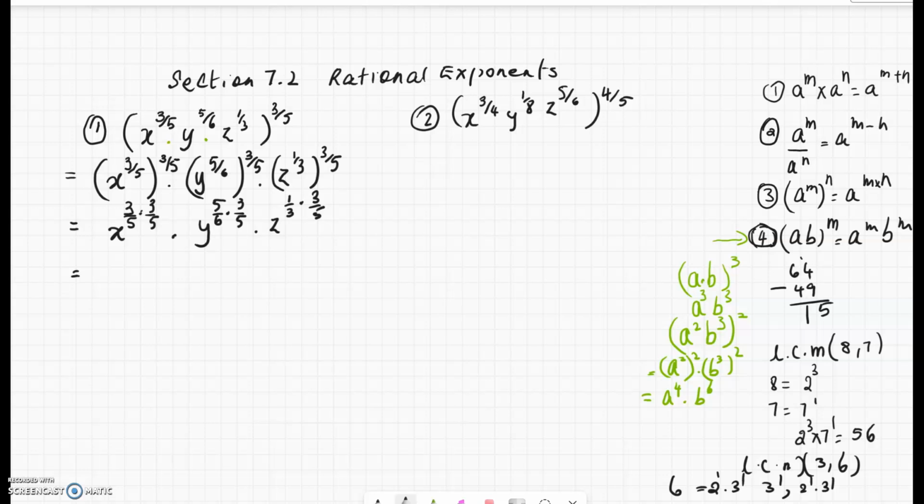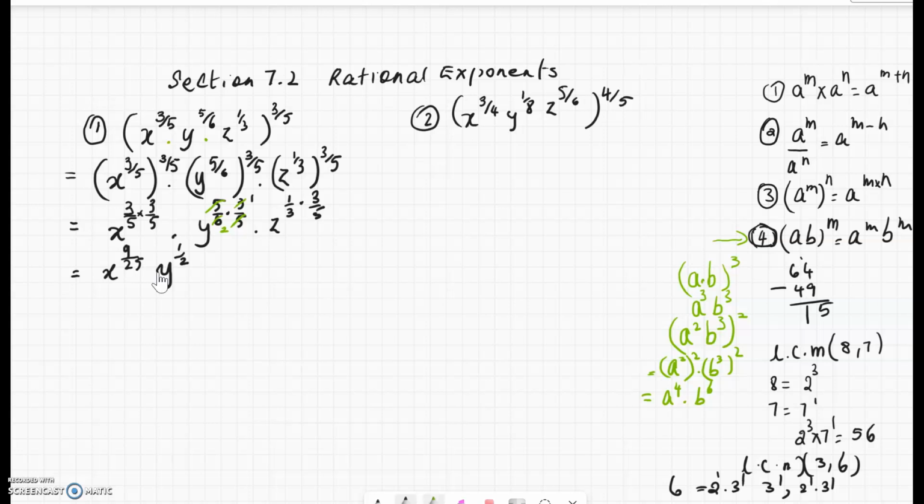You're multiplying these two, so that becomes x to the 9/25. Nothing cancels, but if something cancels, make sure you're canceling it. So we have 5 cancelling with a 5, and 3 goes 2 times into 6, and the 2 is in the denominator. So we have y, 1 in the numerator, over 2 in the denominator.